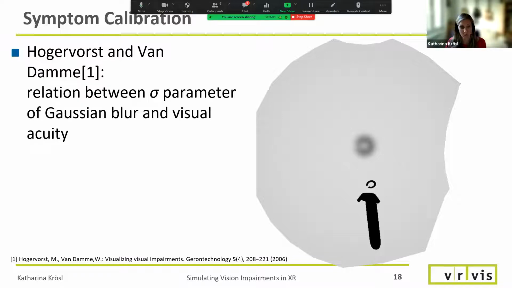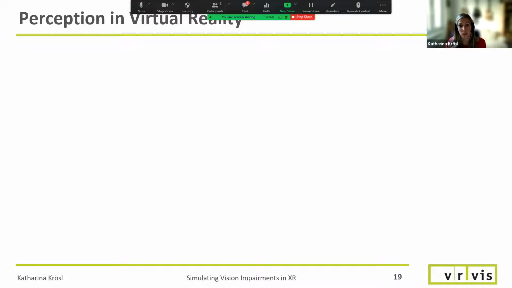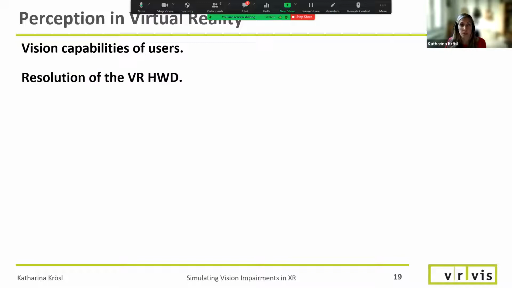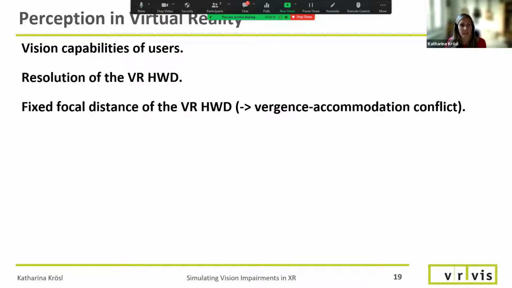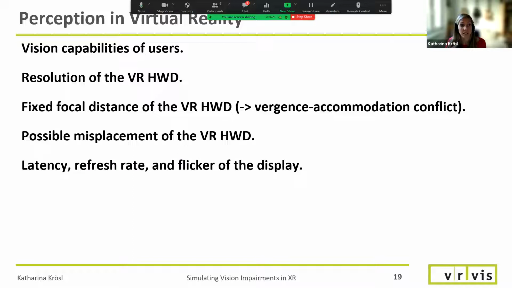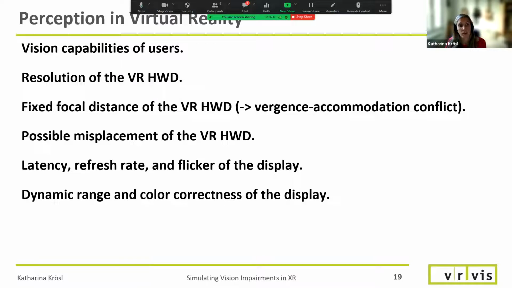But we have a problem here, because a multitude of factors affect our perception in VR and AR, such as, as discussed, the vision capabilities of users, but also the resolution of the VR display. Then the fixed focal distance of the display, which can create a vergence accommodation conflict, possible misplacement of a display, latency, refresh rate, and flicker of the display, or the dynamic range and color correctness of the display.